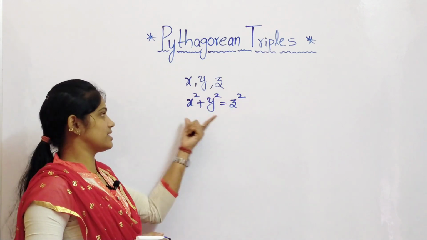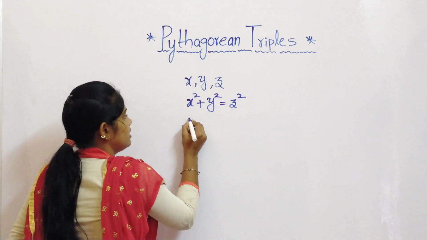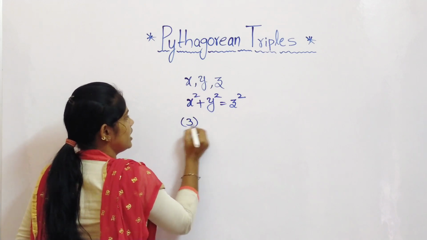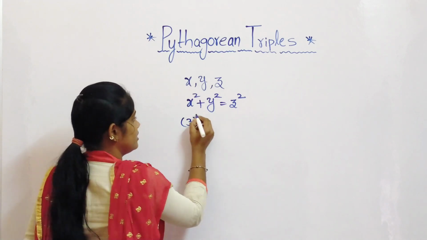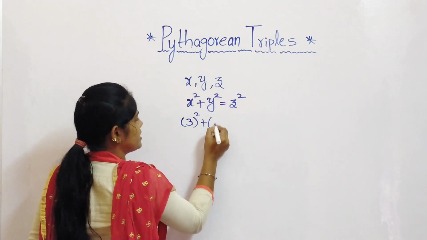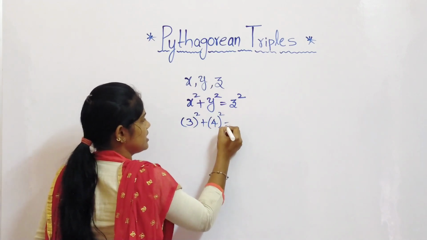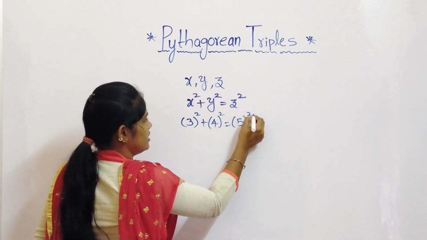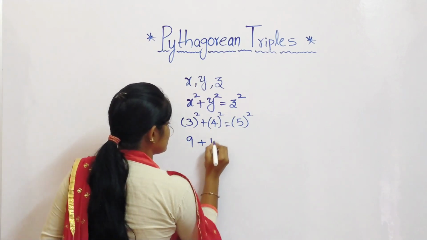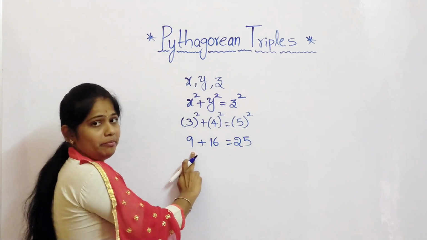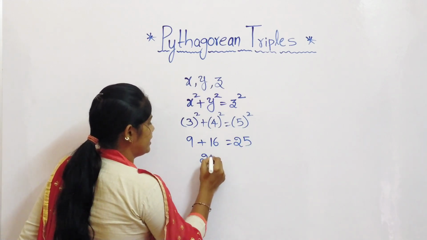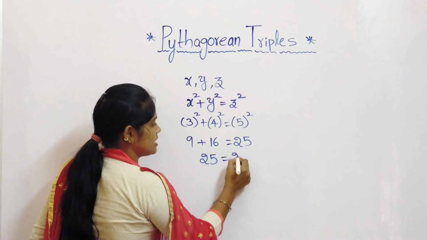Let us take a simple example for understanding this. Substitute the values 3, 4 and 5 as the values of x, y and z. So 3 square, 4 square and 5 square. Here 3 square is 9, 4 square is 16 and 5 square is 25. So 9 plus 16 is 25 and 25 is as it is.